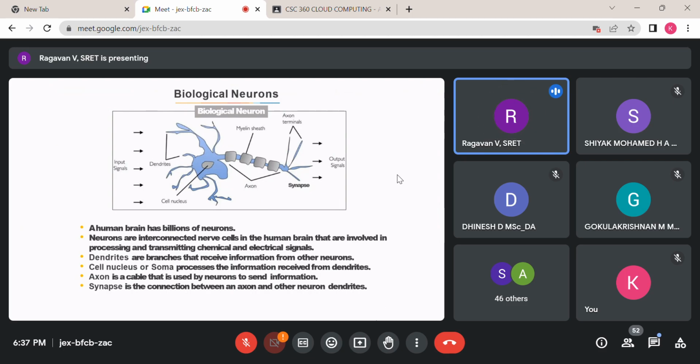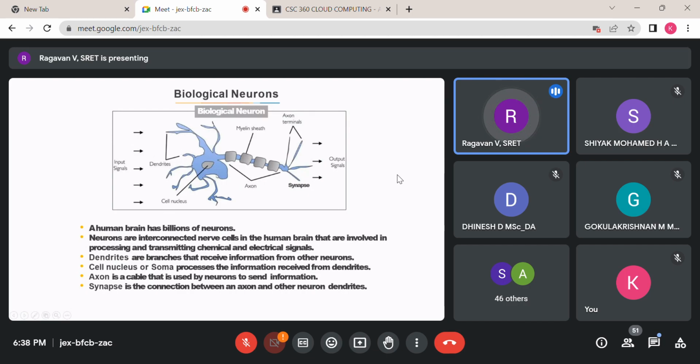Here you can see there are input signals, dendrites, cell nucleus, axon pipe and synapses. The input signals are connected to the dendrites, which are connected to the nerve cells. Dendrites are branches that receive information from other neurons, millions of neurons.